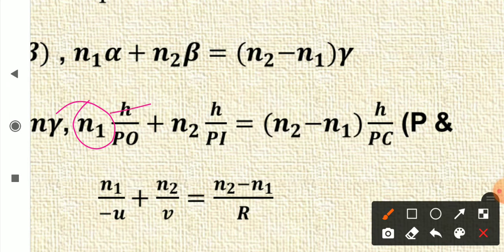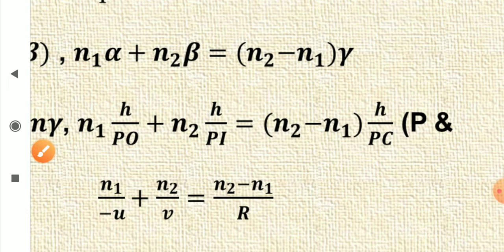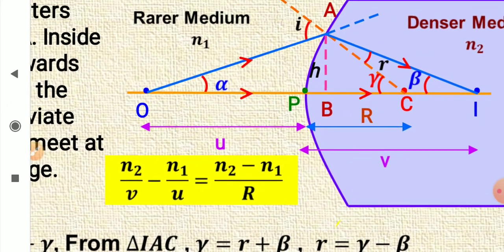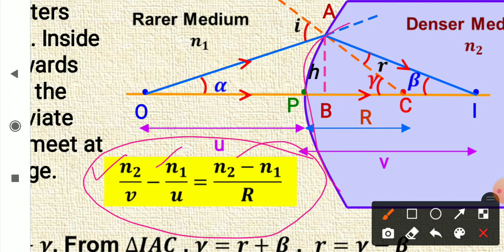N1, and as it is, h cancelled on both sides, PO is minus U, PI is plus V, and PC is plus R. So I get this relation: N1 upon minus U plus N2 upon V is equal to N2 minus N1 upon R. Just rearranging it, the final relation is N2 upon V minus N1 upon U is equal to N2 minus N1 upon R. This is the equation for refraction at a spherical surface.